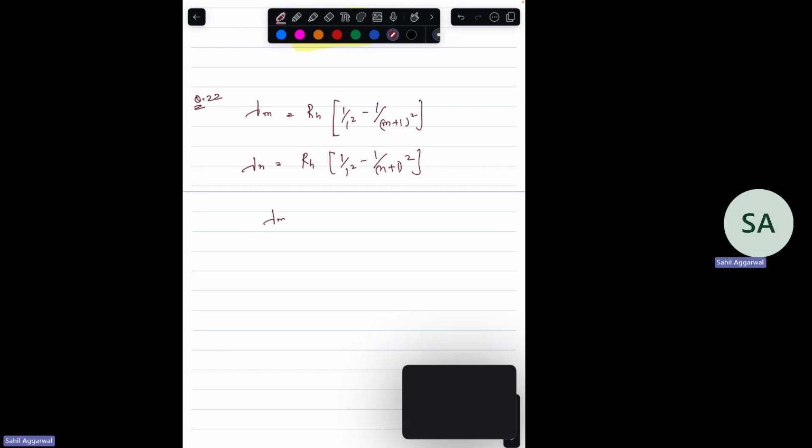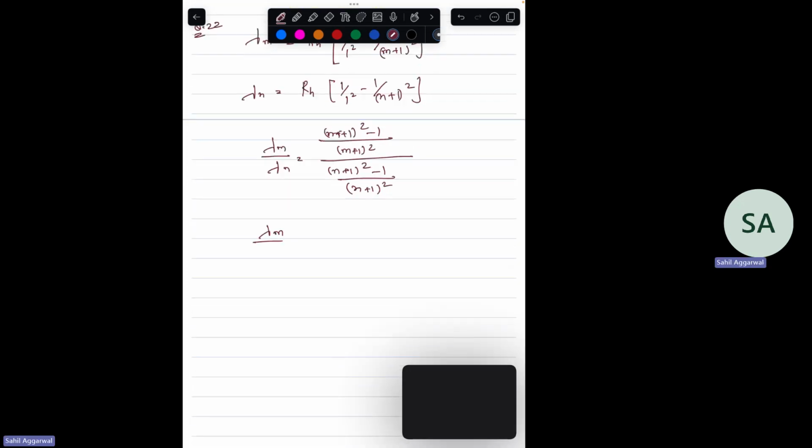So lambda m by lambda n, इसे सॉल्व करेंगे तो क्या आएगा? m plus 1 का whole square into m plus 1 का whole square minus 1 divided by n plus 1 का whole square minus 1 divided by n plus 1 का whole square.